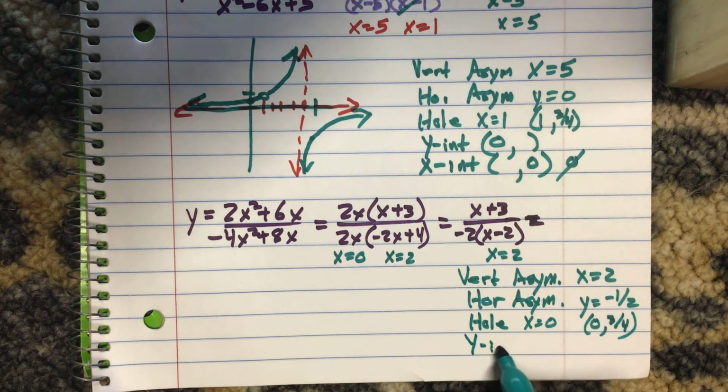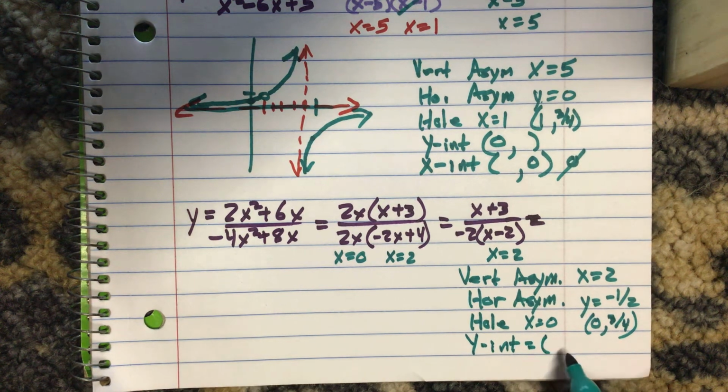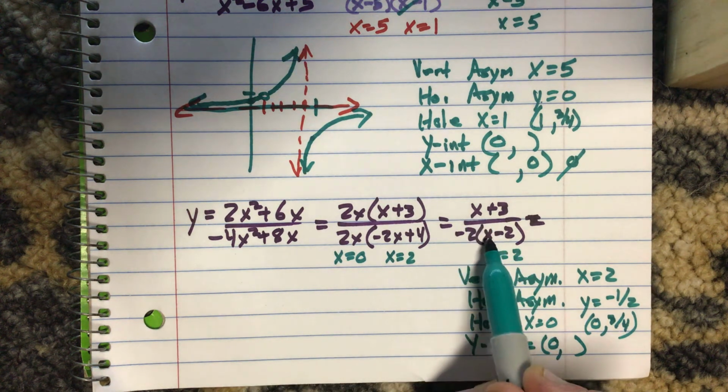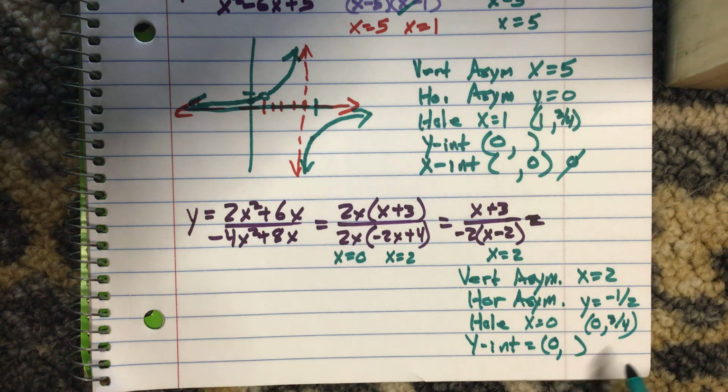My y-intercept is when my x is 0. So I can just make x equals 0 here, which is what I just did here. So it happens to be 3/4. So my y-intercept is where the hole occurs. It's the same point.